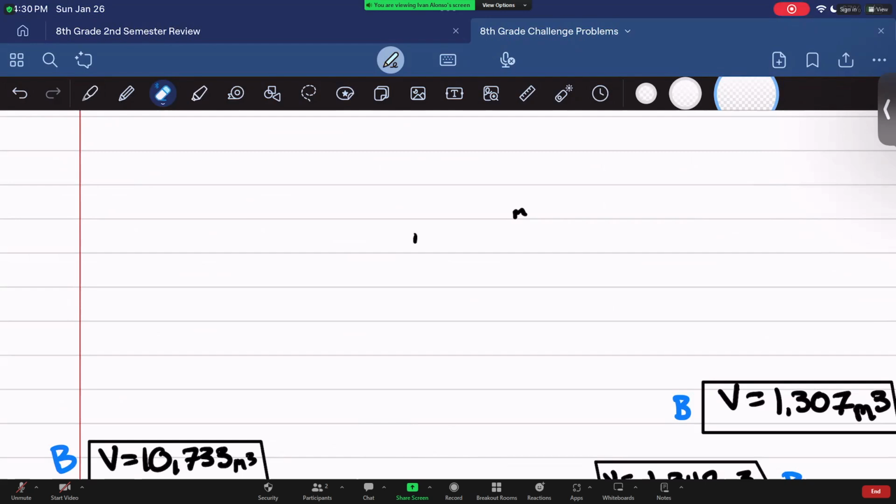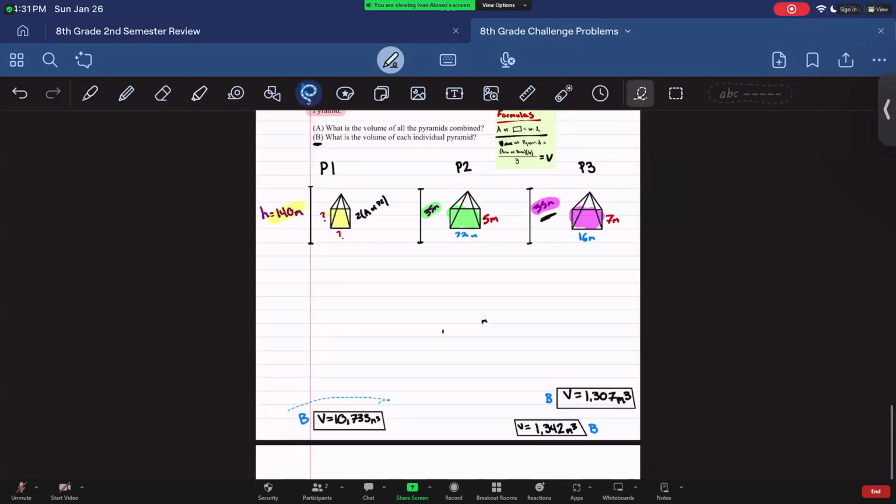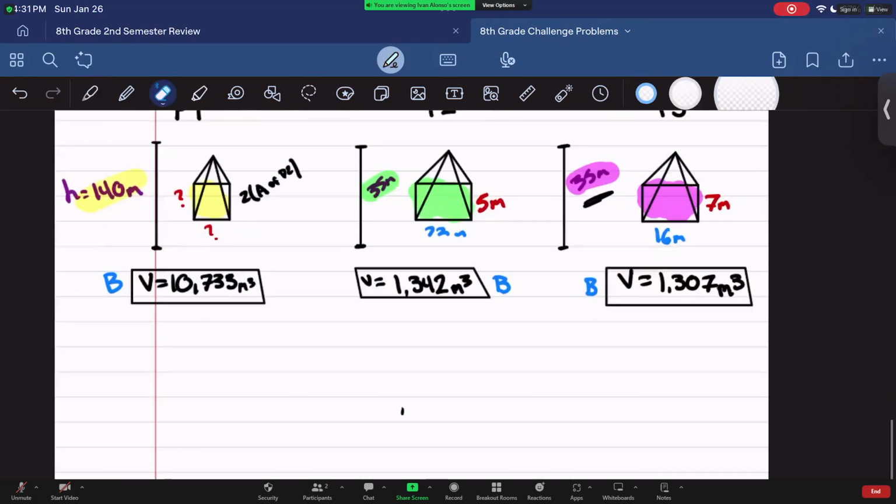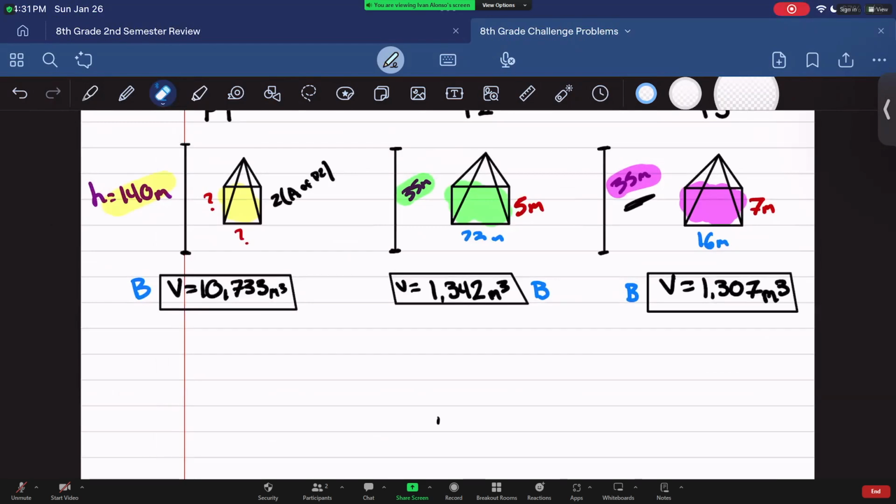All right, cool. So let's just drag these out real quick. That's our volume there. This was our volume for this one. This was our volume for here. Just cleaning up my workspace. So those are the answers to part B.